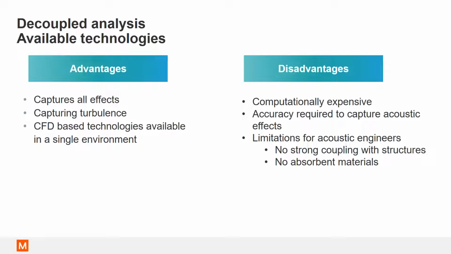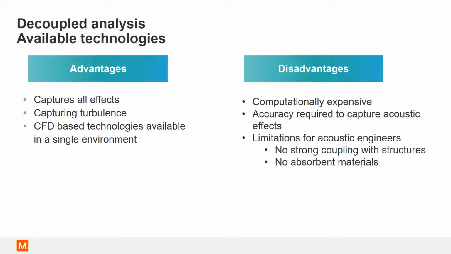Now, the question arises: since we're already decoupling the analysis, using one technique to solve the source term with CFD and another technique to resolve the propagation of the sources, why not leverage the advantages of these two techniques? One being computationally efficient, and the other being able to capture those effects.